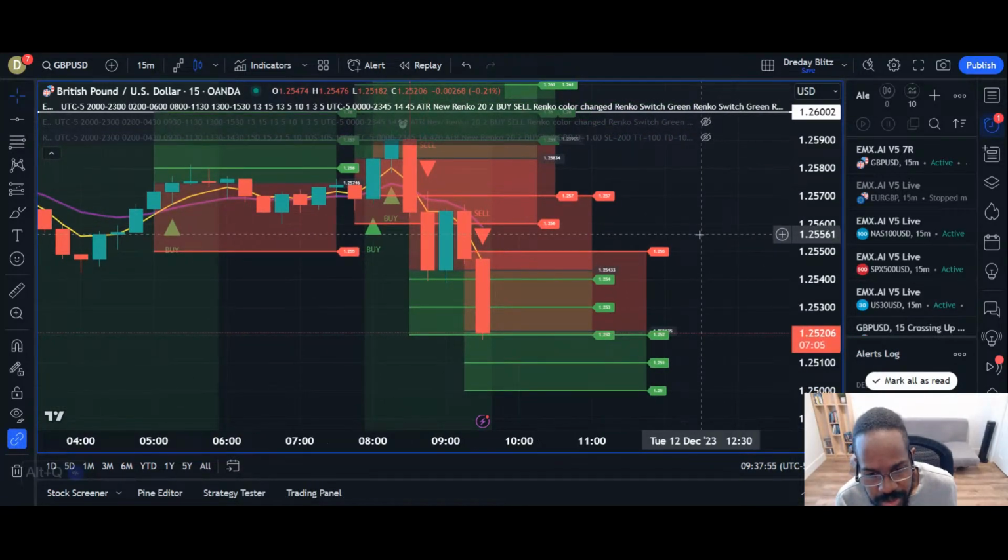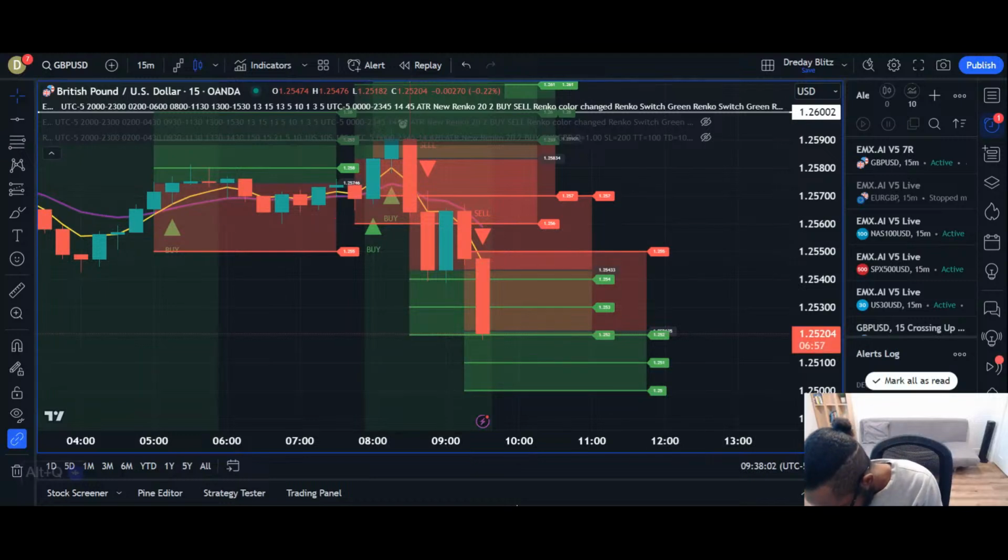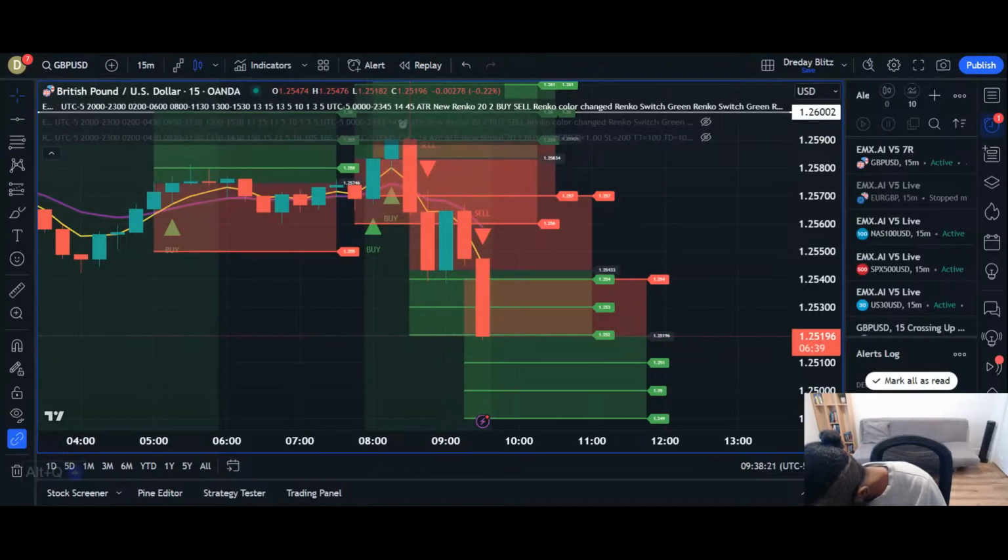It is market open right now, so it may start to sell and then reverse. We'll see. We'll see how it goes.